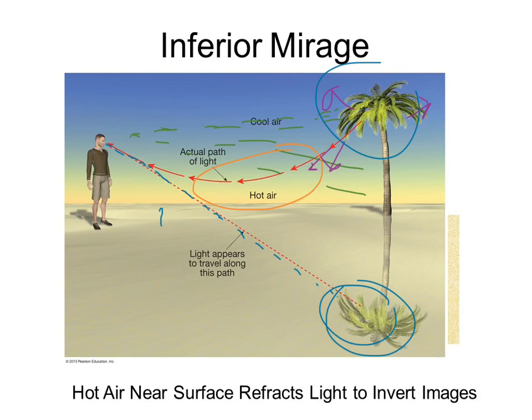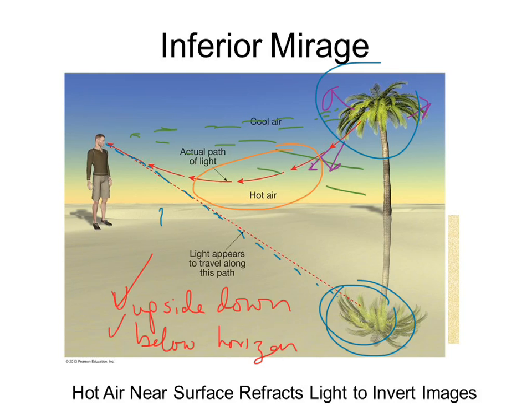So the two things about inferior mirages: does it look upside down? Okay, so that's one thing about it. It will be upside down. And the other thing, to compare it to the other type of mirage I need to talk about, is that it is below the horizon. Okay, so it'll be underneath the horizon.